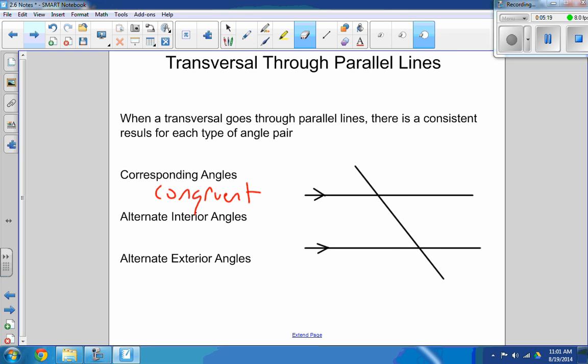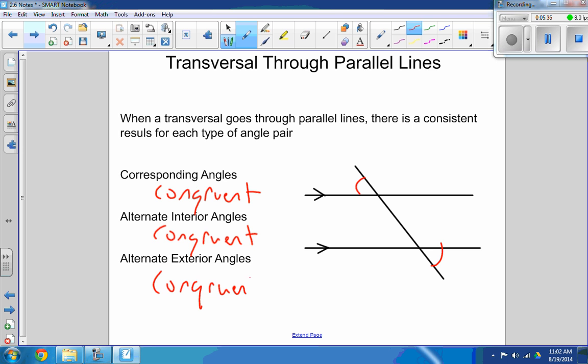Alternate interior angles are also congruent. And then alternate exterior angles are also congruent. That only happens when the lines are parallel.